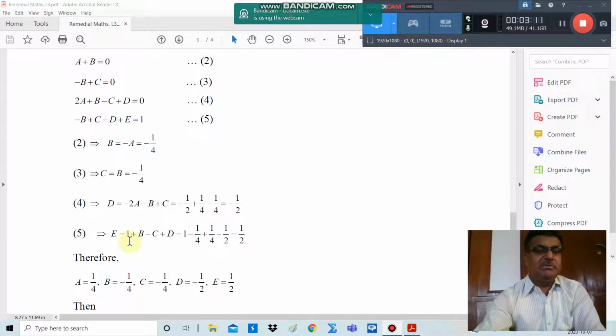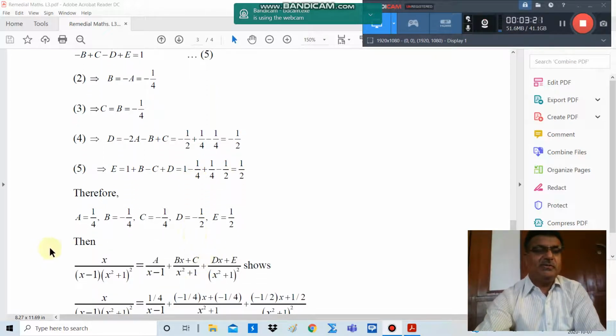And equation 5 implies that e equal to 1 plus b minus c plus d. This will be equal to half after simplification. Therefore, we get value of a as 1 by 4, value of b as minus 1 by 4, value of c as minus 1 by 4, value of d as minus half, and value of e is half.